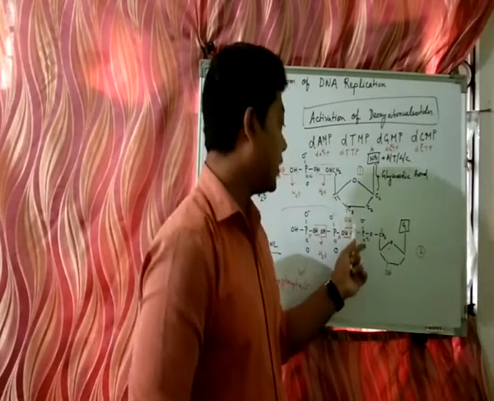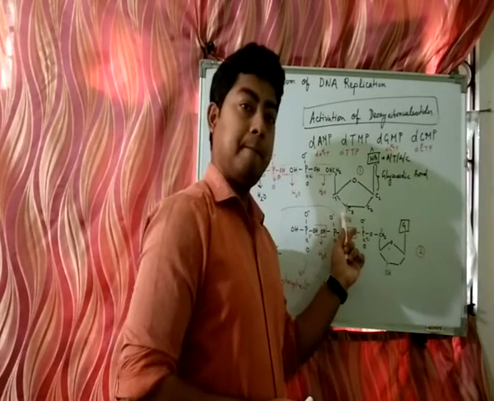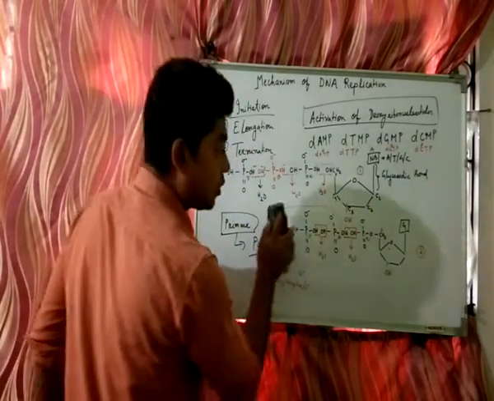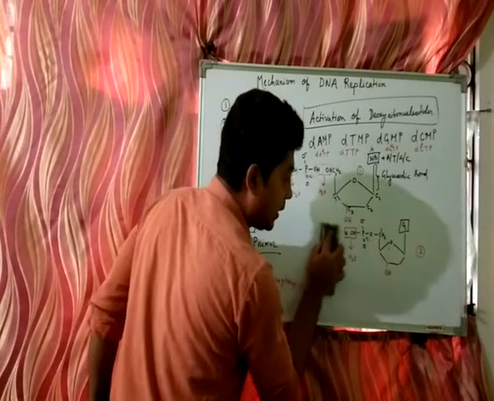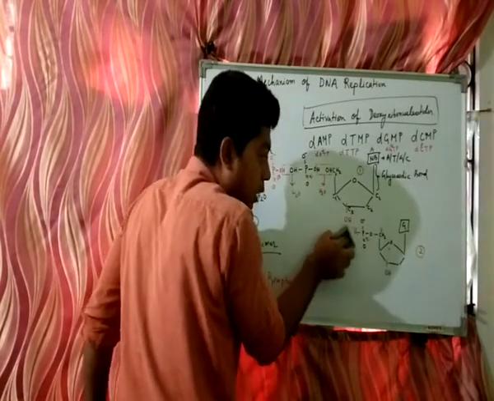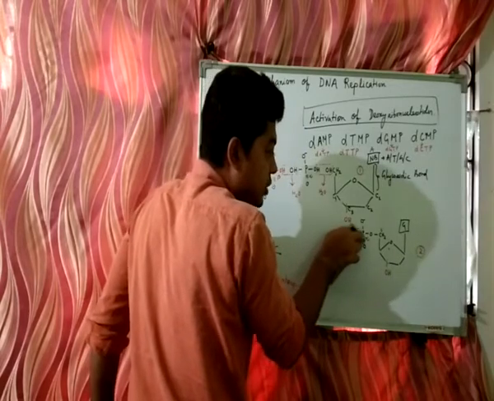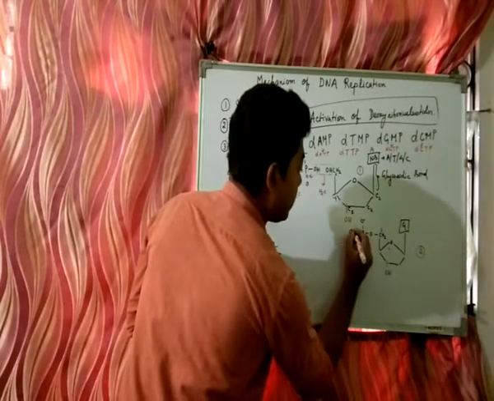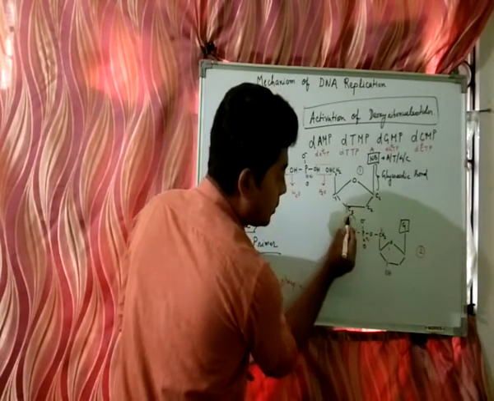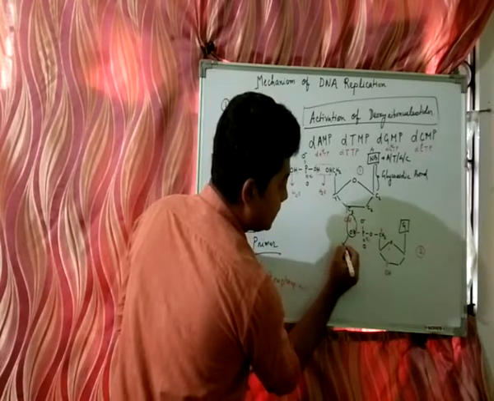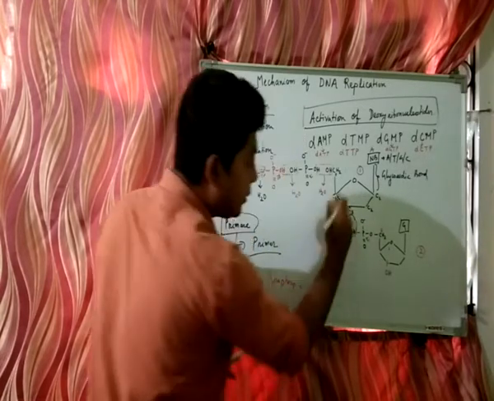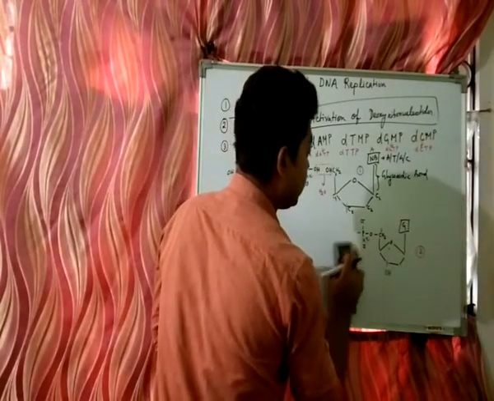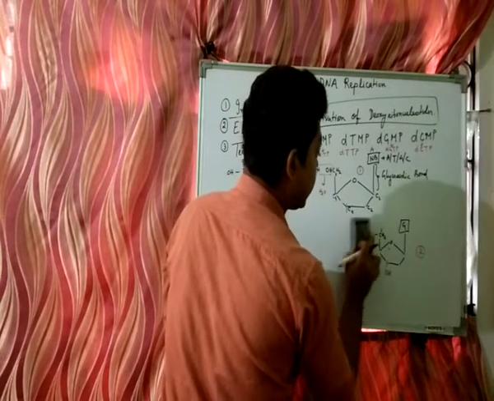With this carbon position 3. That means these two phosphates are released. Now the release of this phosphate also produces water. And with this, I am showing here a little bit.